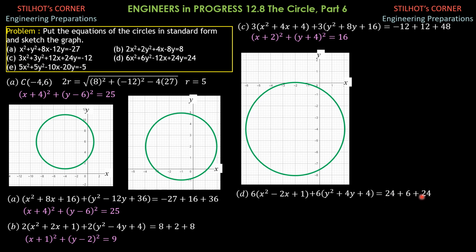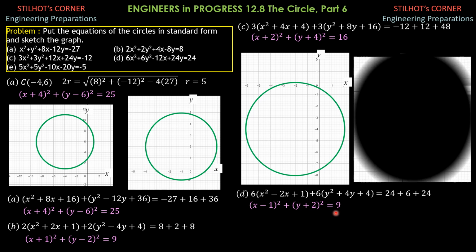So this is 54, right side. Divide by 6, 9. So that means 9 is 3 squared, radius is 3. So this is (x minus 1) squared plus (y plus 2) squared equals 9. So the center is 1 comma negative 2 and the radius is 3.